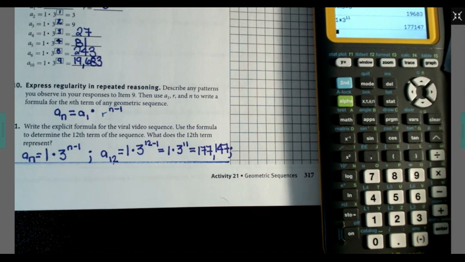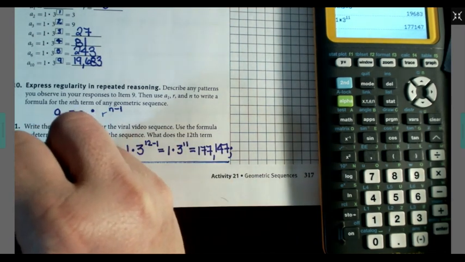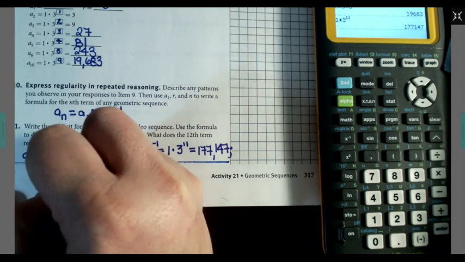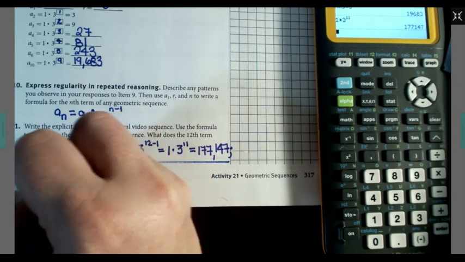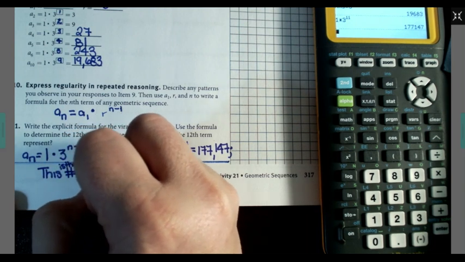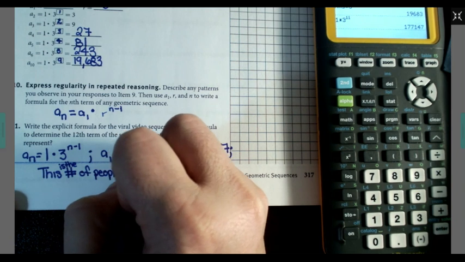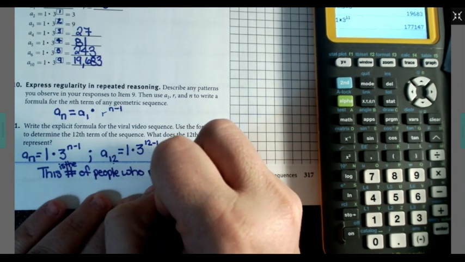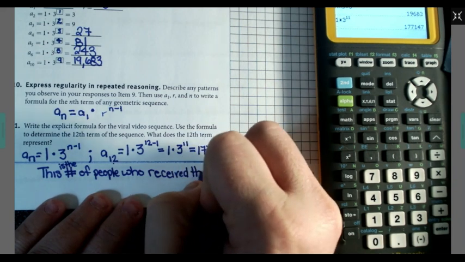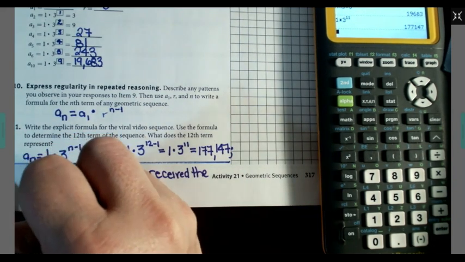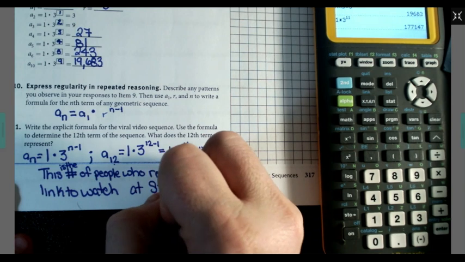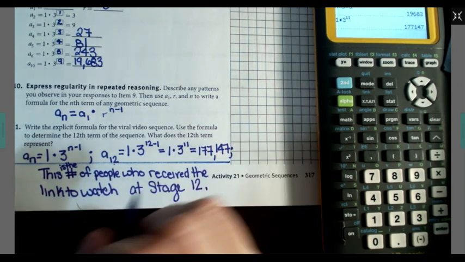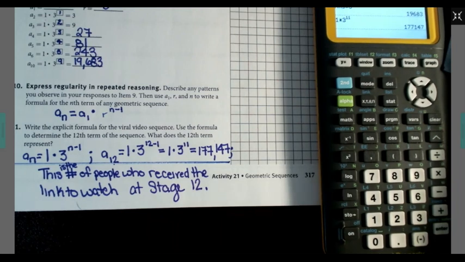If I go back to the very beginning, this is the number of people who received the link to watch at stage 12. So 12 at stage 12.